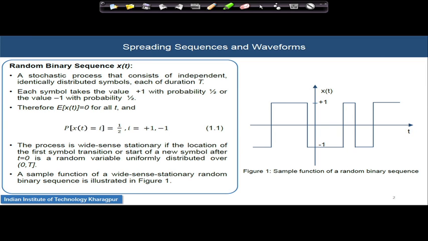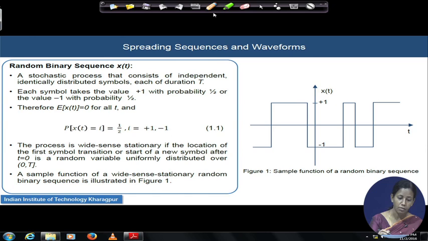The sequence here, let it be x(t). The random binary sequence x(t) is basically a stochastic process consisting of several independent and identically distributed symbols. Each of these symbols has a duration of capital T. The value of each symbol can be either +1 or -1.